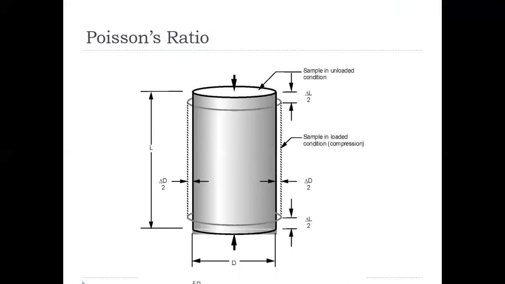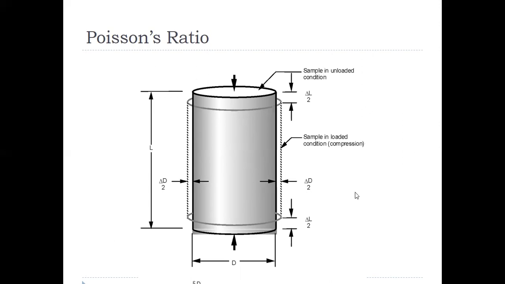Another terminology is the Poisson ratio. If I compress the material in one direction, or you can see if you are talking about 2D analysis, it means if you are compressing it in the Y direction, there will always also be a change that will take place in the X direction.